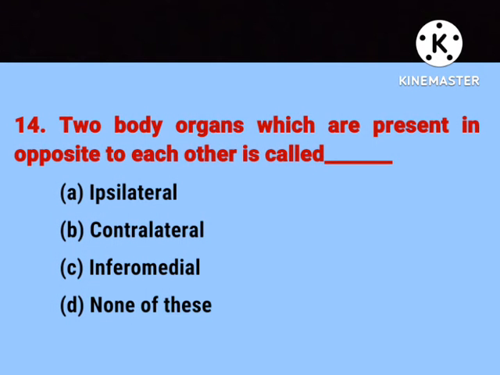Two body organs which are present opposite to each other are called: A. Ipsilateral, B. Contralateral, C. Inferior-medial, D. None of these.